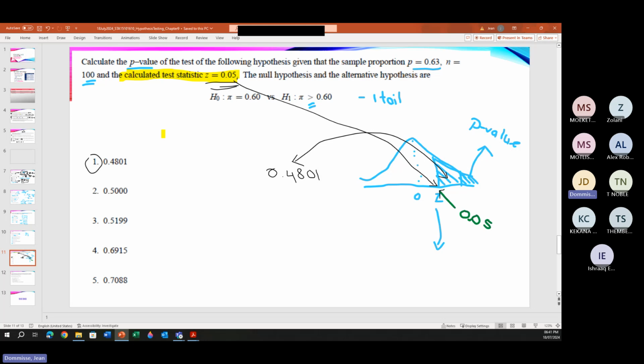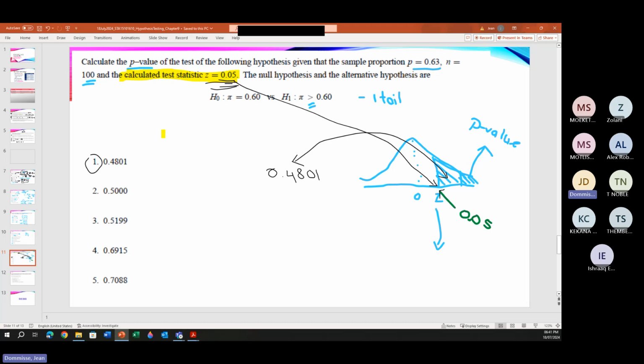But if you missed that, you should still get to the Z equal to 0.05 by working out the Z. So I will just check this one again in case I made a mistake calculating that Z, but it should at least be closer to the 0.05 that they've given us than what we got.